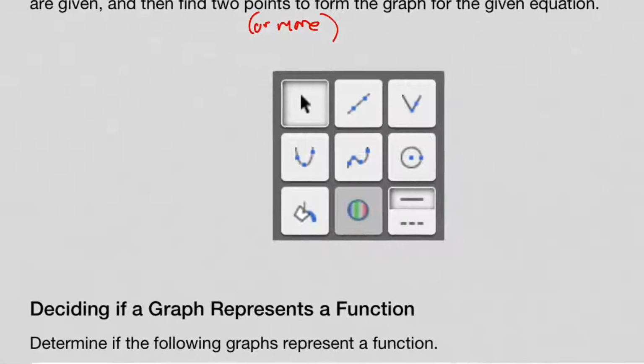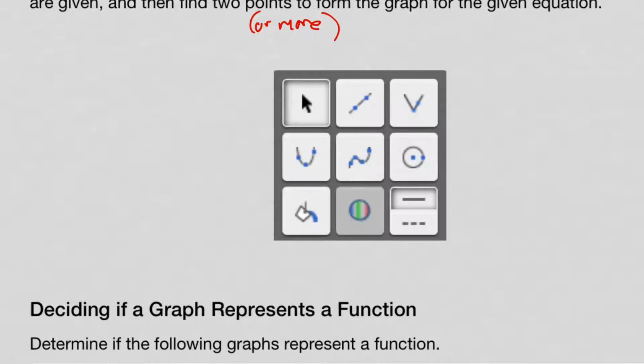So if you look at this, all right, you can tell that this is linear. Okay, that means you're going to have an x to the first power, and it's telling you need 2 points.